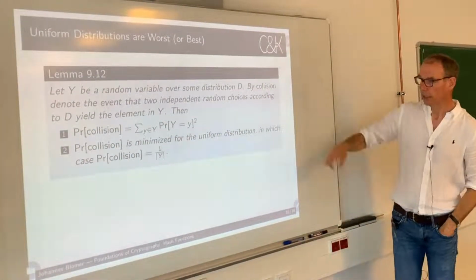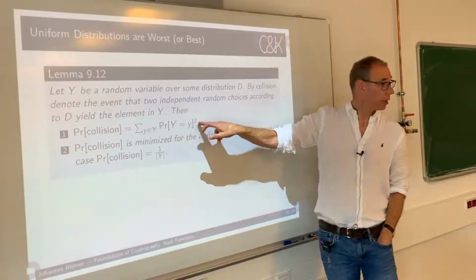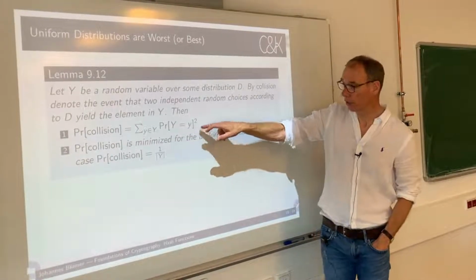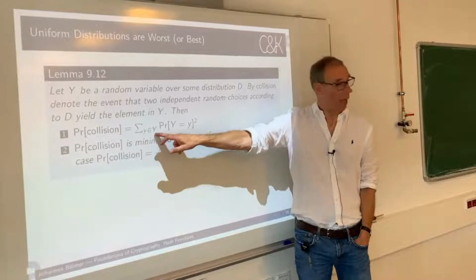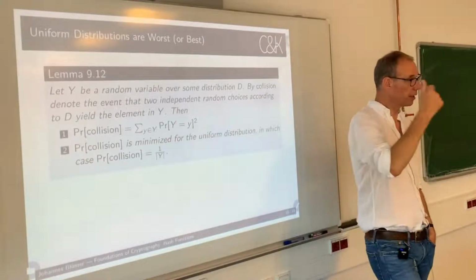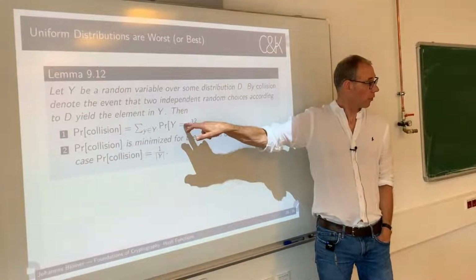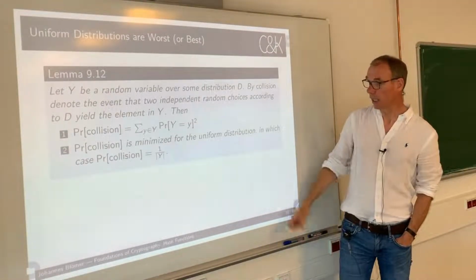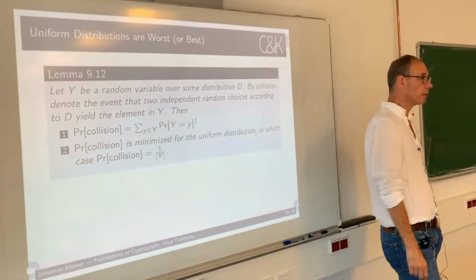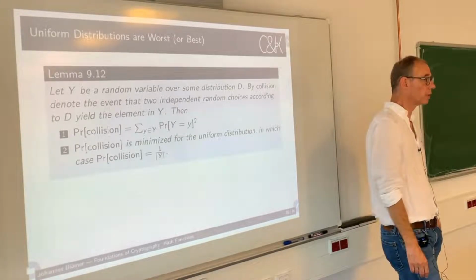And then this is the collision probability: the probability that the first pick is a little y and the second pick is also a little y, summed over all y's. And you can easily show that this is minimized for the uniform distribution.